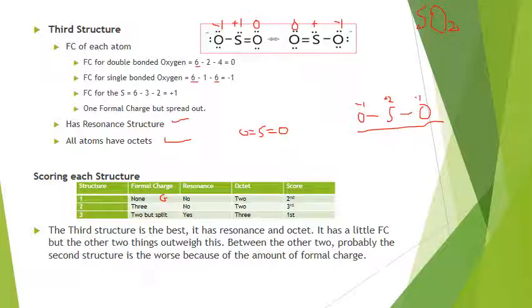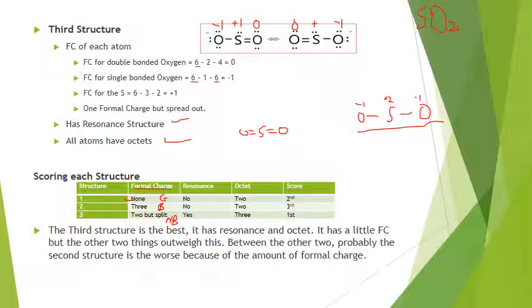The second one had 3 formal charges, which is not great, because you have a lot of charge spread out. There's a lot of charge here, so this is not really very good. And the last one, you have 2, which is not good, but it's spread out, so it's not bad. I'll put NB for not bad. So far, number 1 is probably the best using formal charge.